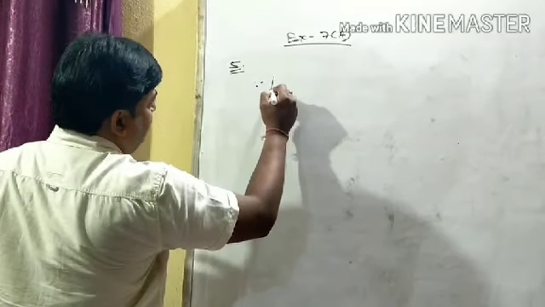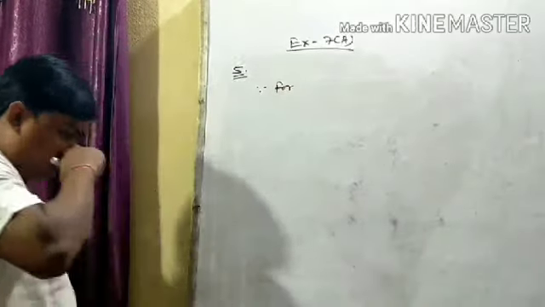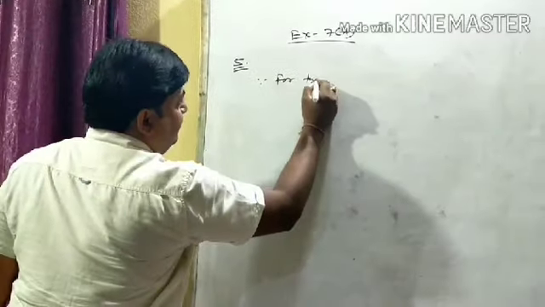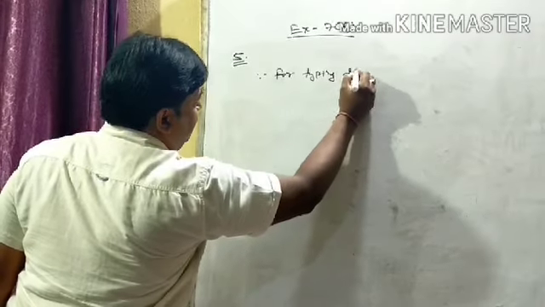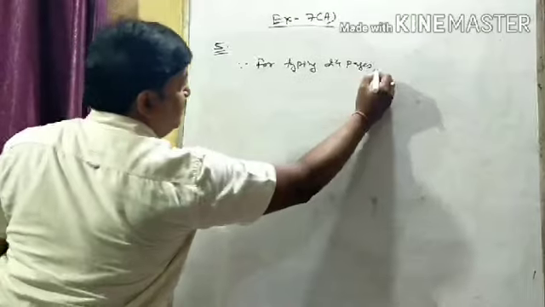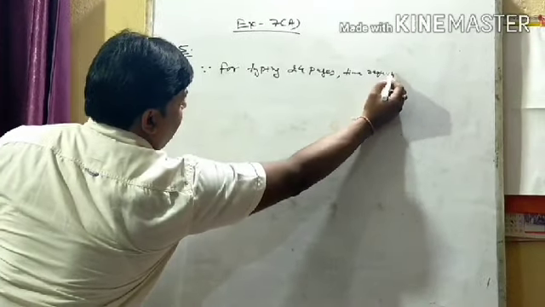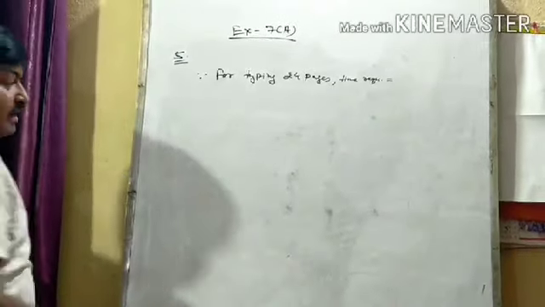since for typing 24 pages, time required is equal to 80 minutes.